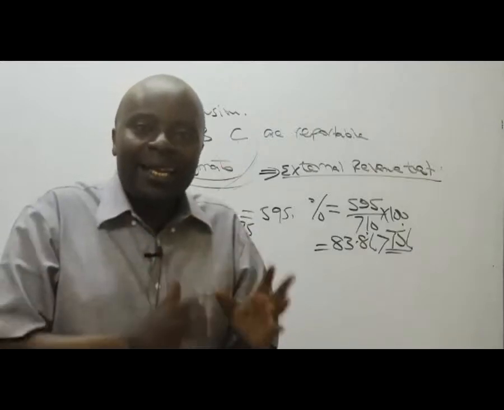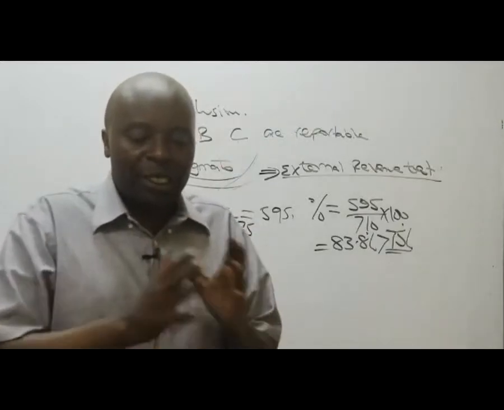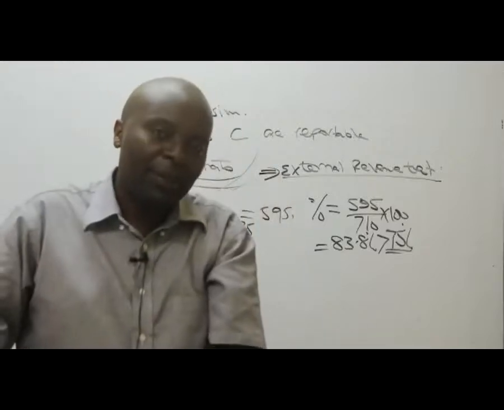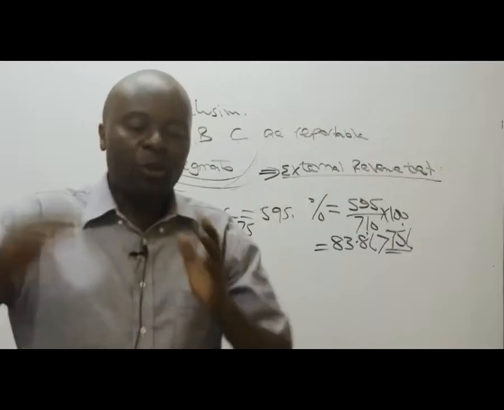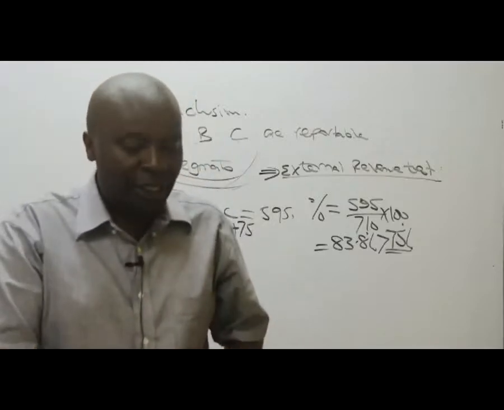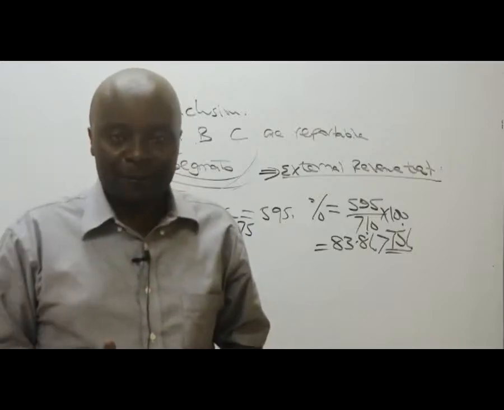Anything that is unallocated, not allocated to the segments, we normally take to the whole company column. Don't apportion it to the segments.